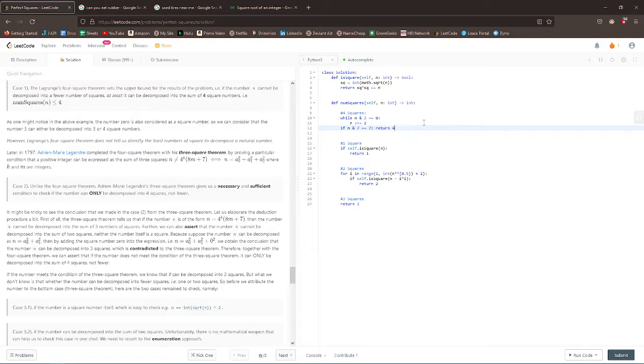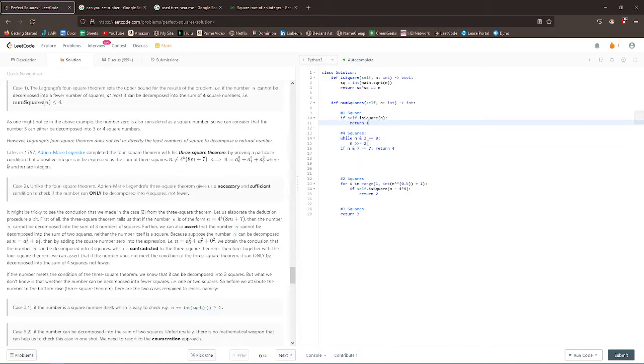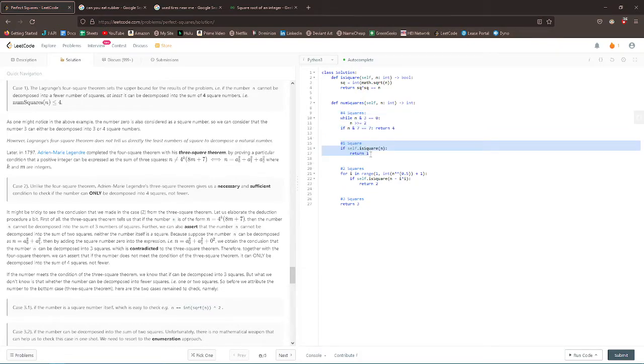The reason being, if there's a number that we're given that's the sum of 4 squares, we don't really want to have to iterate through everything else. If we checked every single number to see if it was a square itself, this would run significantly slower, because the numbers that aren't squares would have to perform a more time-intensive part of the code before reaching the part of the code where they can return, as opposed to having the sum of 4 squares first.